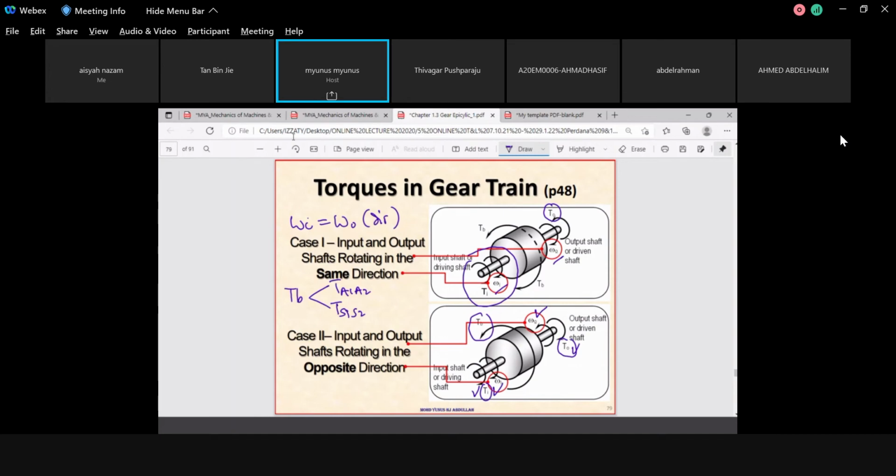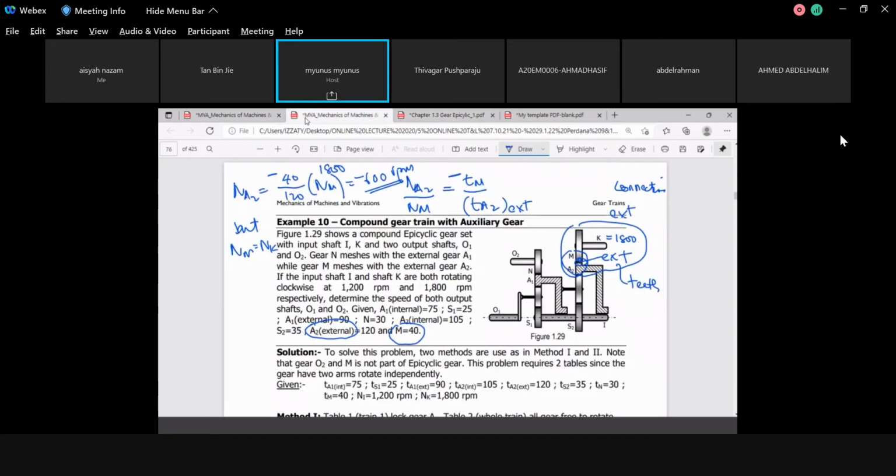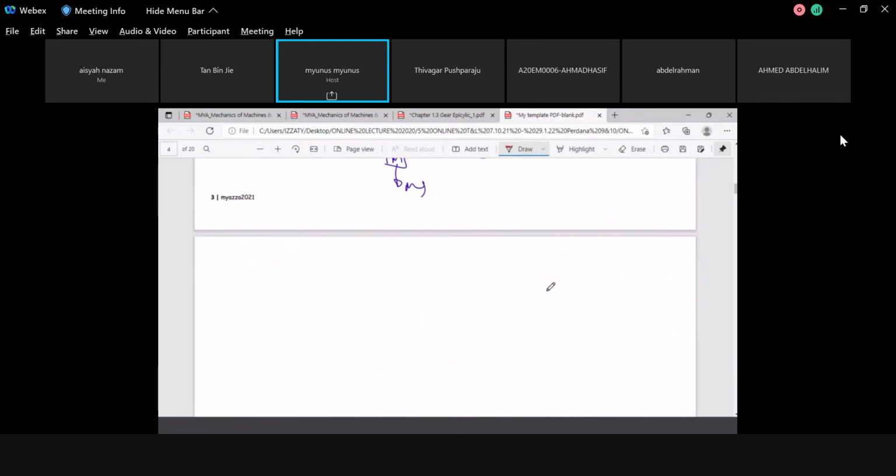So the equation that will be involved in this problem, look at it, you have Ti first. This one is Ti, this one is To, this one is Tb. You have Ti omega I plus Tb omega B plus To omega O equal to 0.